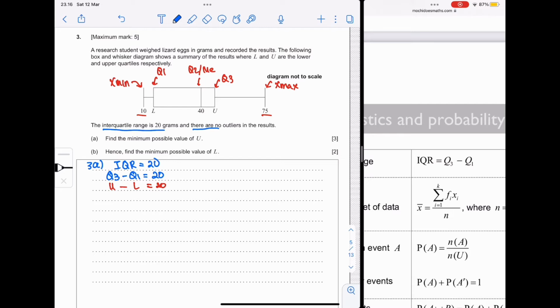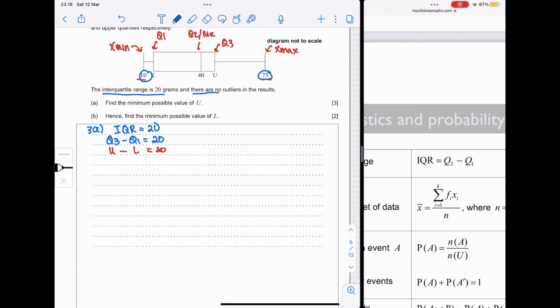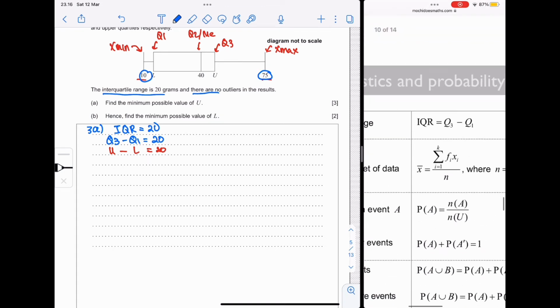There are no outliers, which means 75 and 10 are both included, both accepted as the range of the data. Sadly, there's no formula for outliers in the booklet, so you have to memorize it. Outliers. Here you go. Let's start from 75.